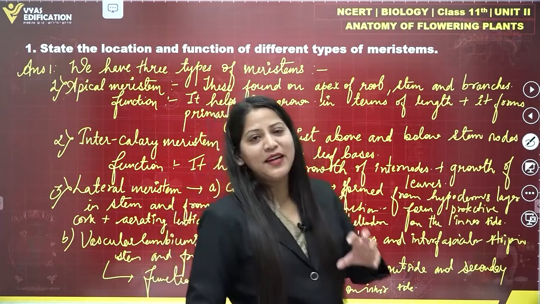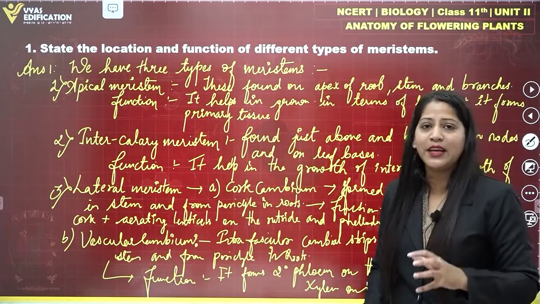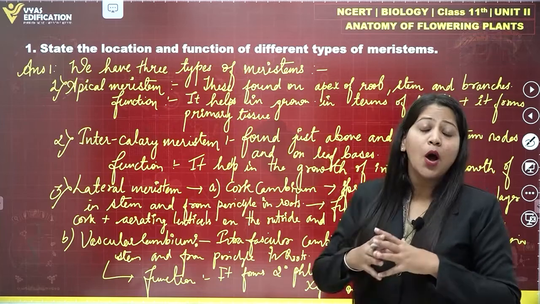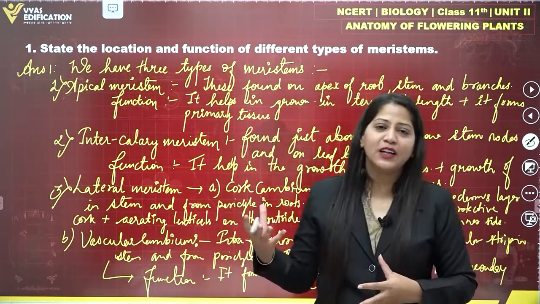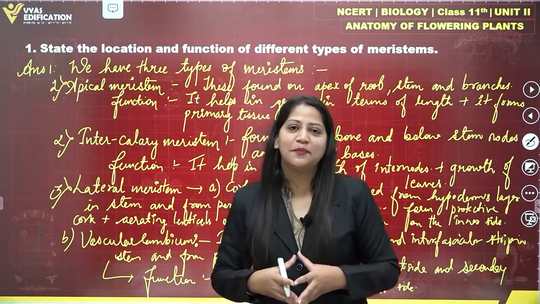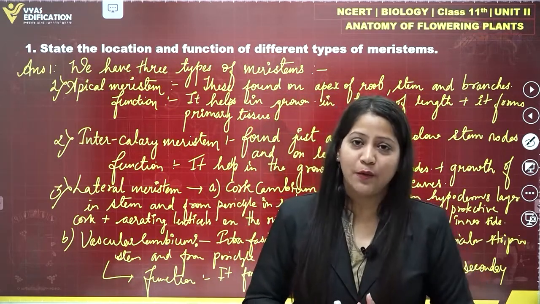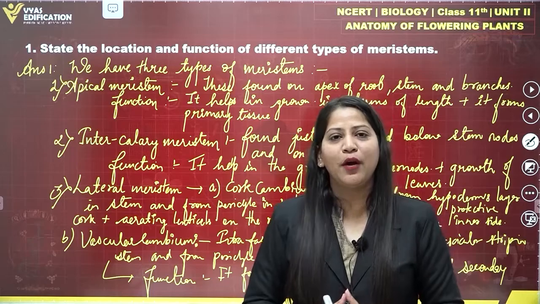So this is the complete solution of question number 1, in which we have already covered all 3 types of meristems we have, that is apical meristem, intercalary meristem and lateral meristem. With this we have completed the solution number 1.